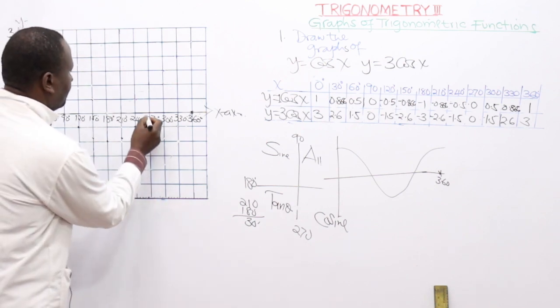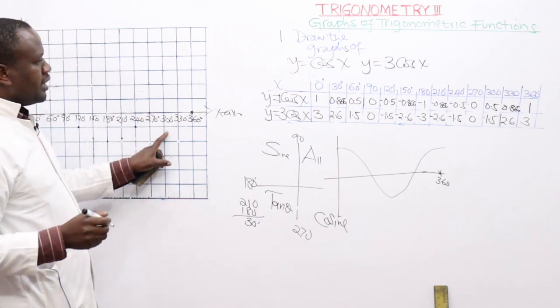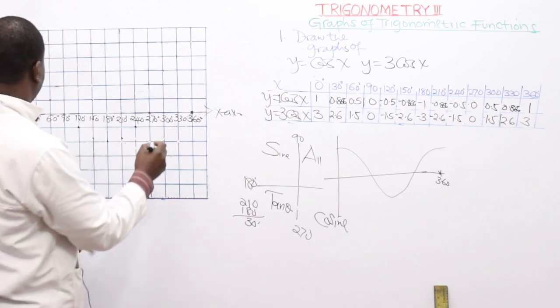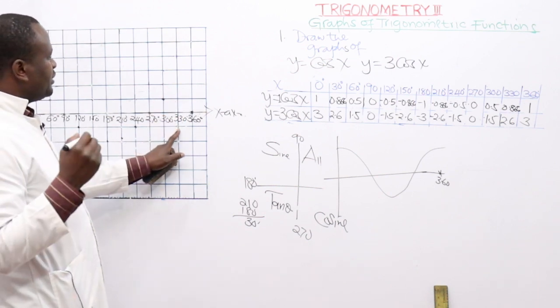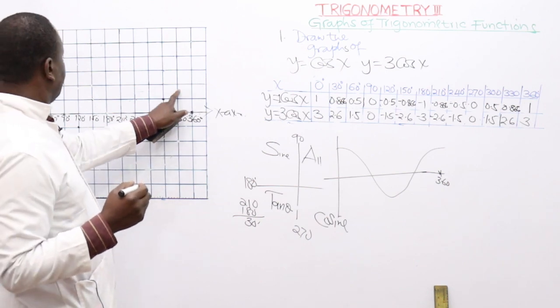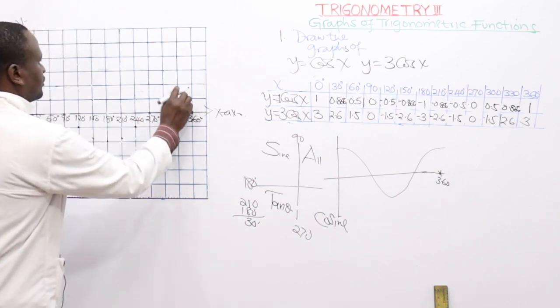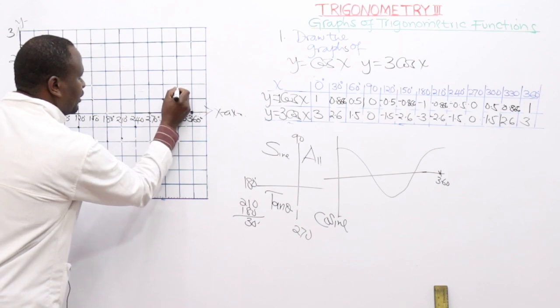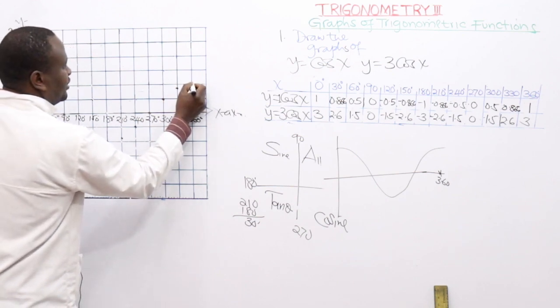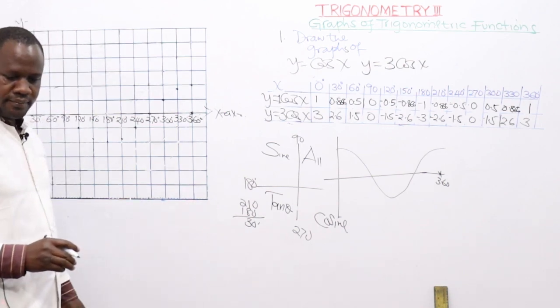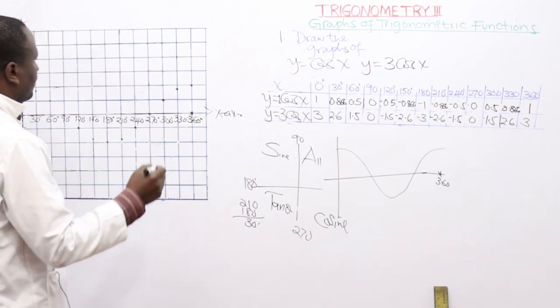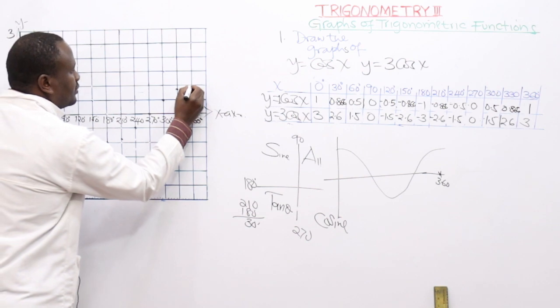270, 0, 300, 0.5. 0.5 is easy. Now 0.86 is the one that is difficult. So you have to be very careful with that one. 1 is easy. So this is how the graph looks like.